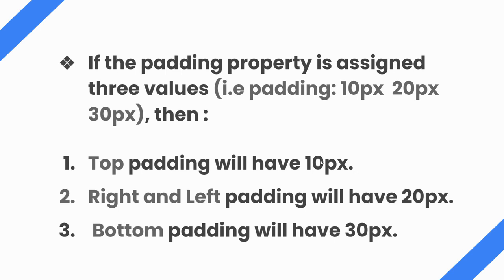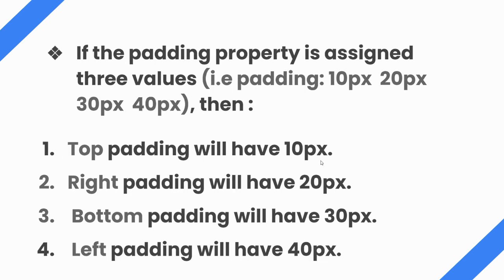The next one we'll be seeing is the one with four values, which gives you the power to style all of them independently. If the padding property is assigned four values, that is, 10 pixels, 20 pixels, 30 pixels, 40 pixels, these are distributed among each of the paddings.